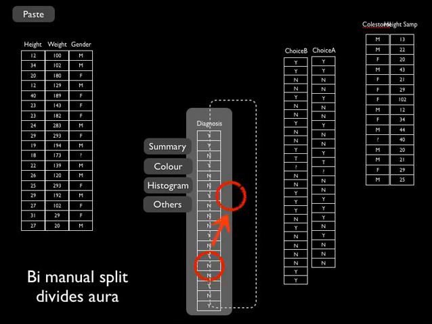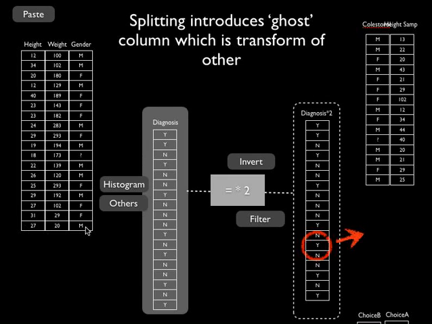Finally, and again this is a bit of an optional extra, if you click with 2 fingers on an aura on a data column and then push the fingers apart like you're zooming in, it will actually split the aura and it will create this kind of ghosting aura here. And what that will do is create a ghost column, and a ghost column is basically a transformation of another column.